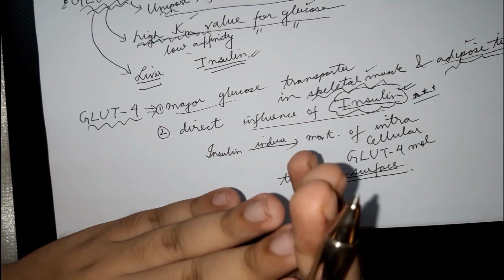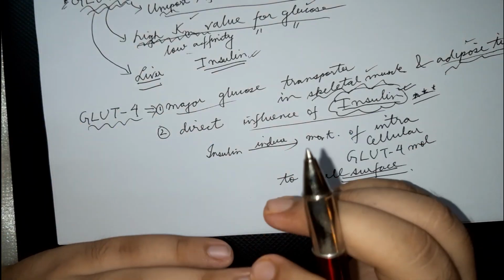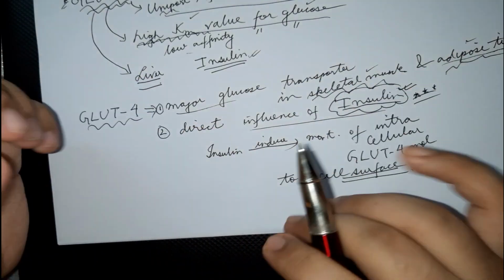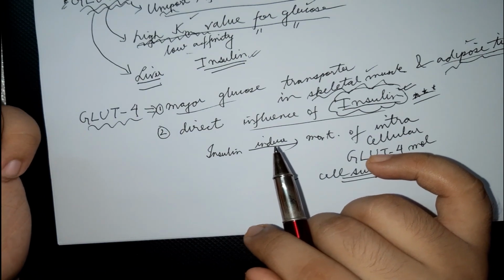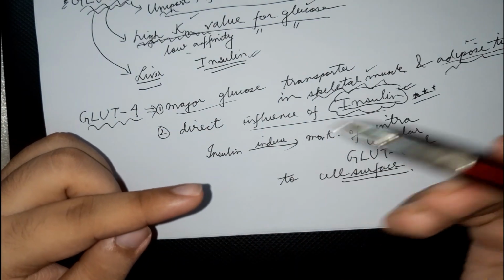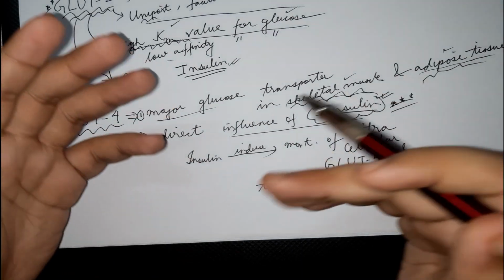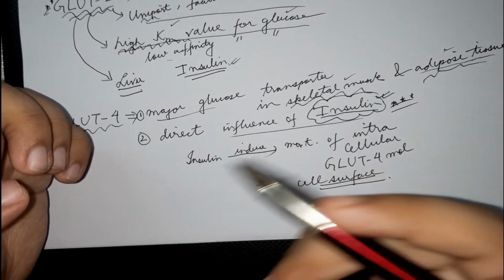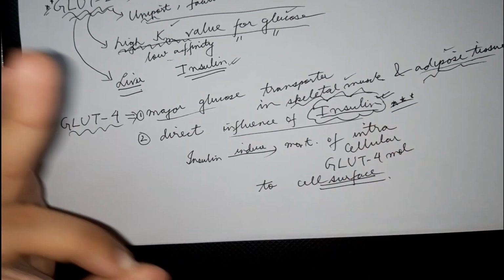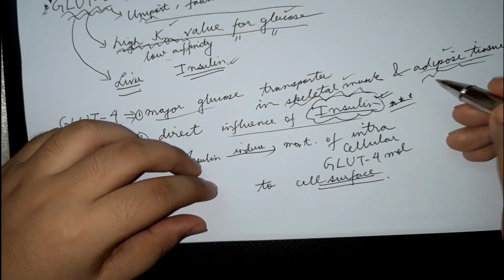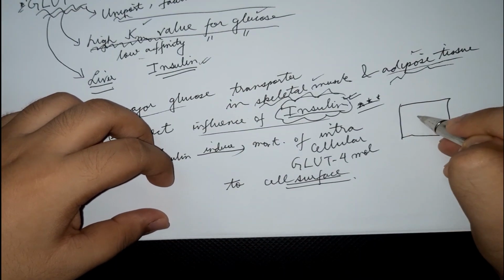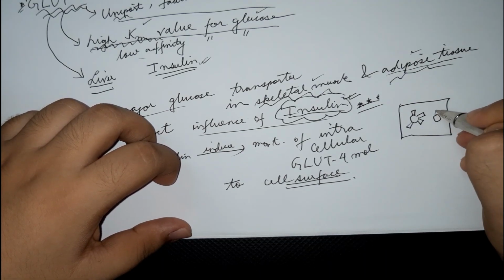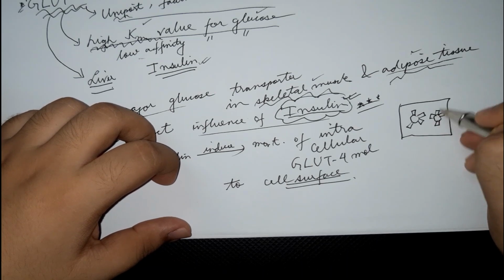Insulin itself will be released when glucose concentration is very high. One of the ways in which it will tackle that is that the hormone will move on to the target tissues, which are the skeletal muscle and adipose tissue, and induce the movement of intracellular GLUT4 molecules. Suppose this is the cell, and the GLUT4 molecules are within the cell at the beginning, not at the cell membrane.